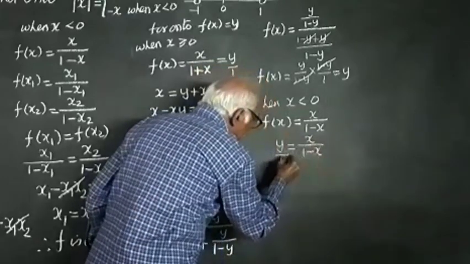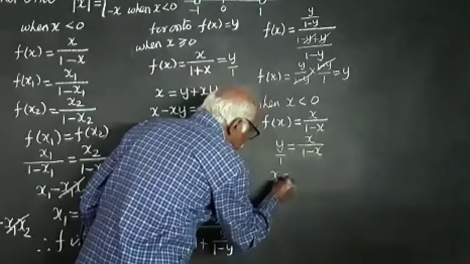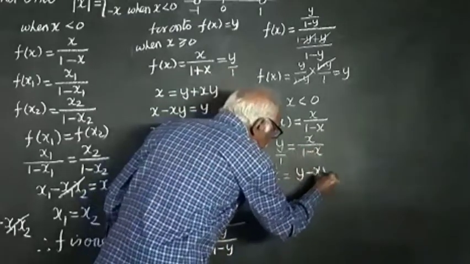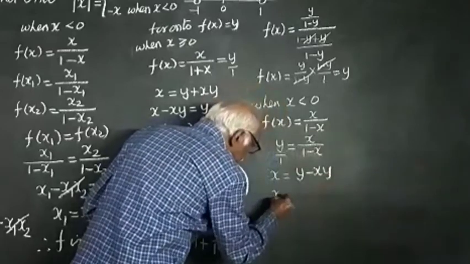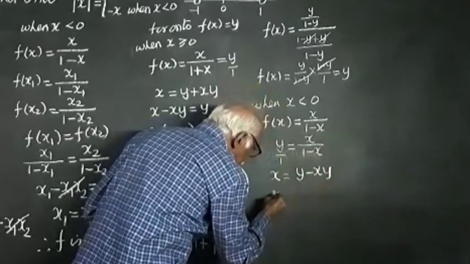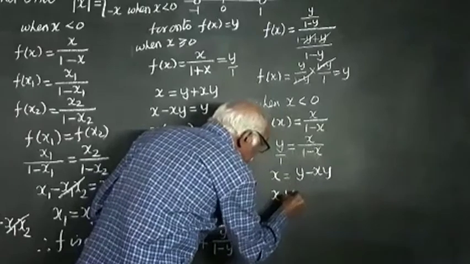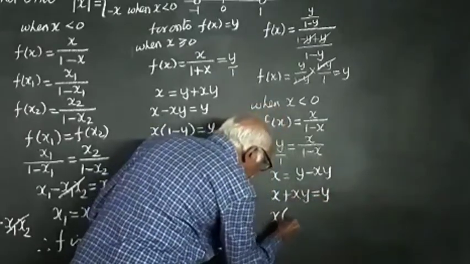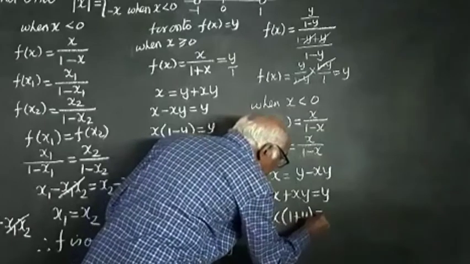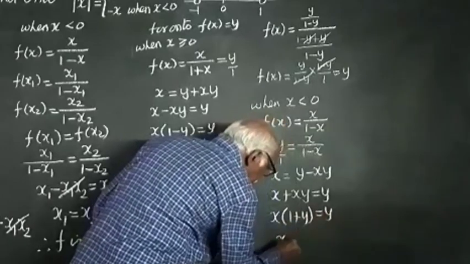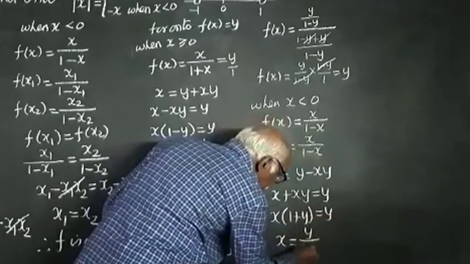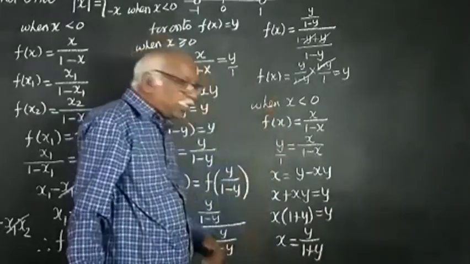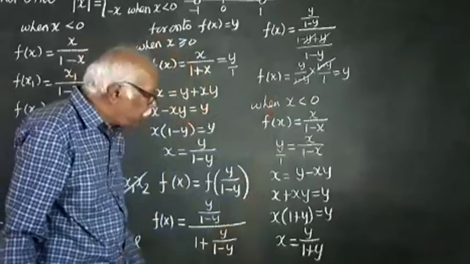Now cross multiply: y minus xy is equal to x, so x plus xy equals y. x into 1 plus y equals y. Therefore x is equal to y by 1 plus y.